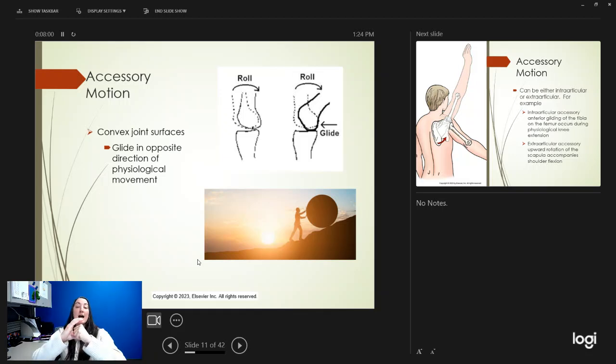So if I'm moving up and I am rolling up and I'm gliding up, I am now out of the joint and I'm dislocated. So in order to stay in the middle of that joint and have good alignment and not be impinging on something or dislocating, it has to glide in the opposite direction. So as it moves superiorly, it rolls superiorly, and it must also glide down to stay in the middle of the joint.